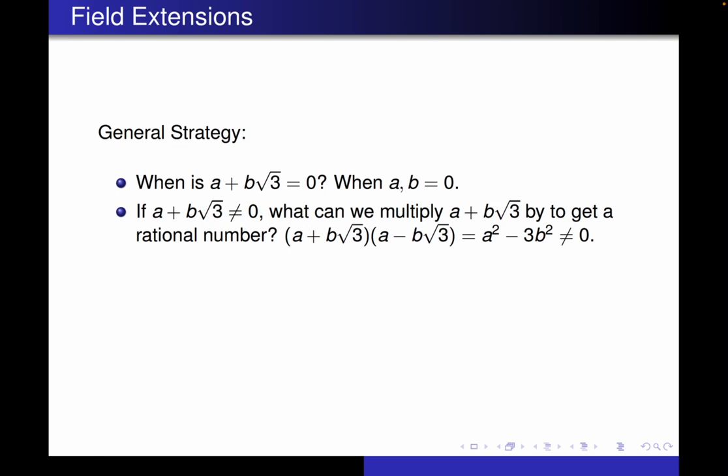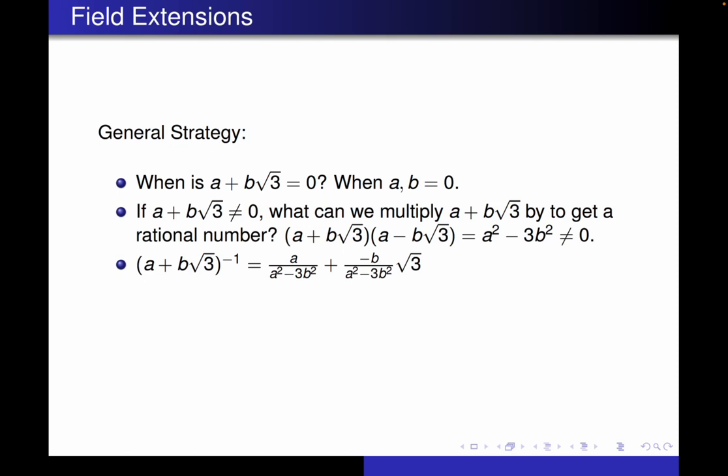But that's something that you can do. And so if we divide both sides of that equation by a² − 3b², which we can do since it's non-zero, and then apply it only to the a − b√3, we see that the multiplicative inverse of a + b√3 is a/(a² − 3b²) + (−b)/(a² − 3b²) times √3.